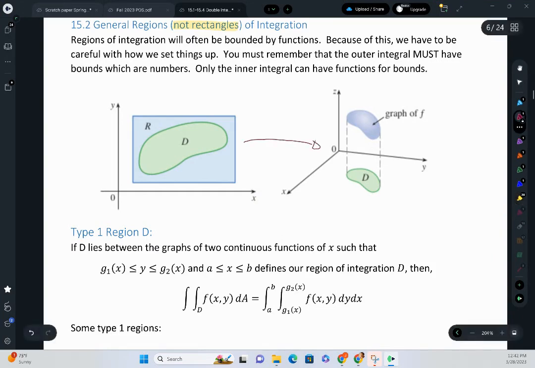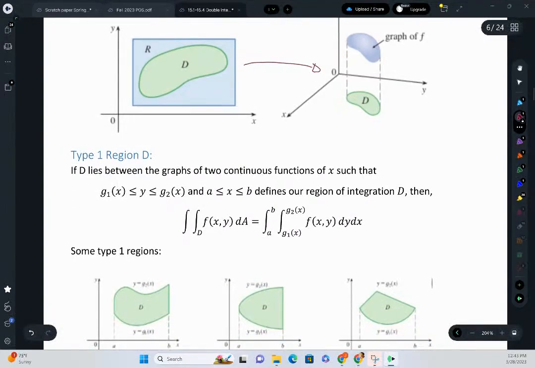If we were to look at this in 3D, that same blob D is the set of the x and y values that we want to integrate over. And then the graph of f is our function z equals f of x y. That's our surface, so we can see that we only want the part of the surface that is over that blob D. We're going to deal with a couple of types of regions, two in particular.